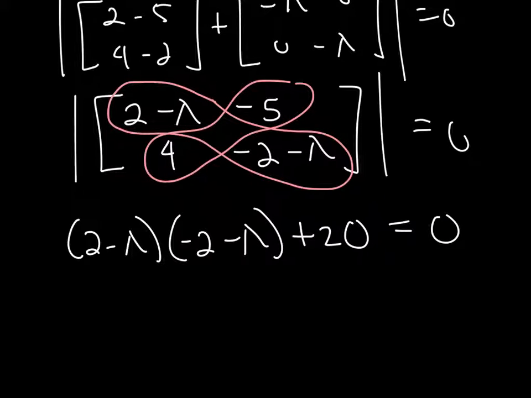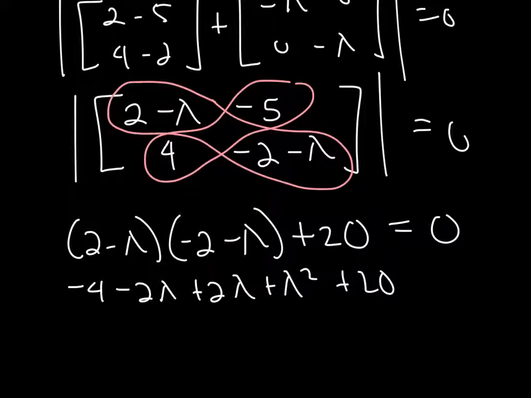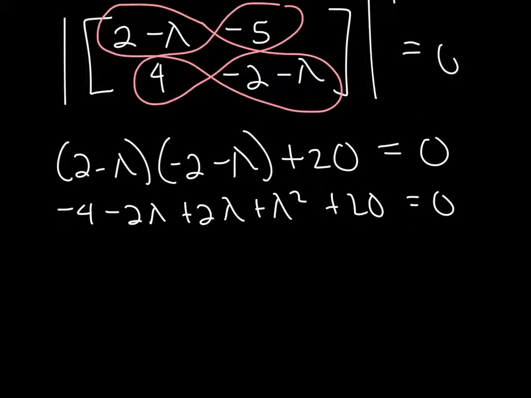Let's just FOIL this out: -4 minus 2 lambda plus 2 lambda plus lambda squared plus 20. Oh, this is nice, that's gone. So I get lambda squared, and then 20 minus 4, so that's 16.